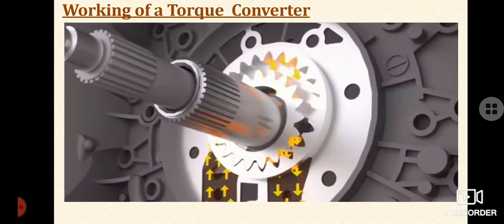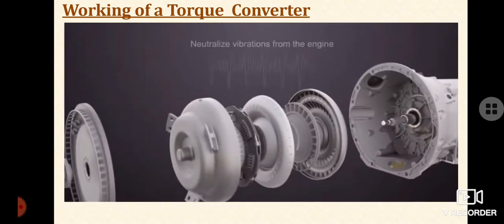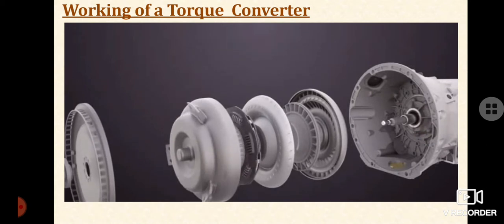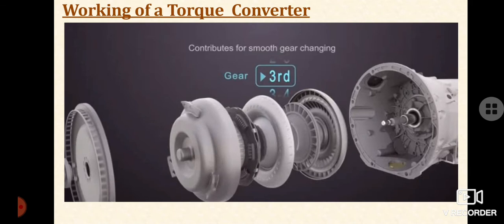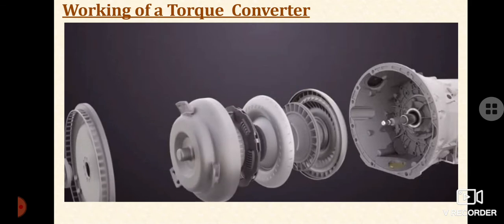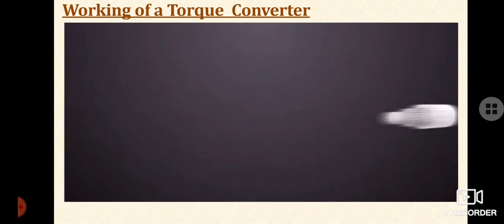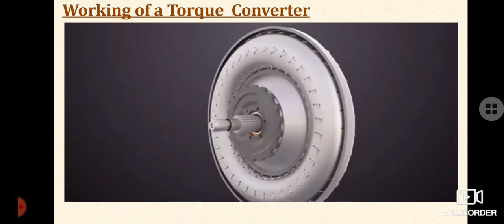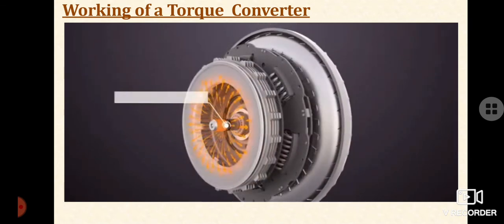The air from the first fan strikes the blades of the second fan and it also starts rotating at almost the same speed as the first one. When the second fan is stopped, it does not stop the first one.